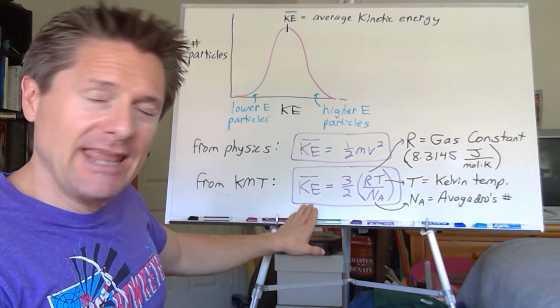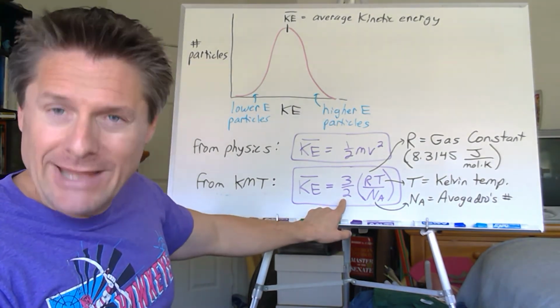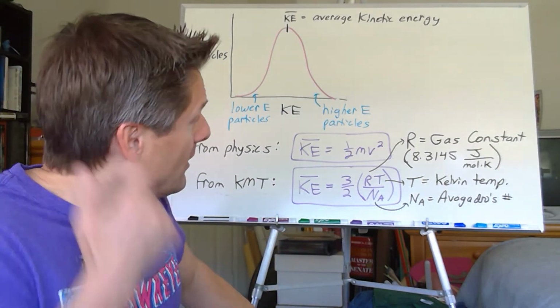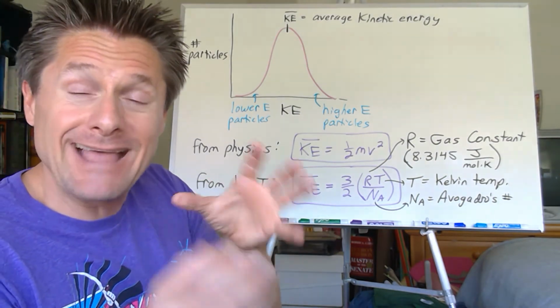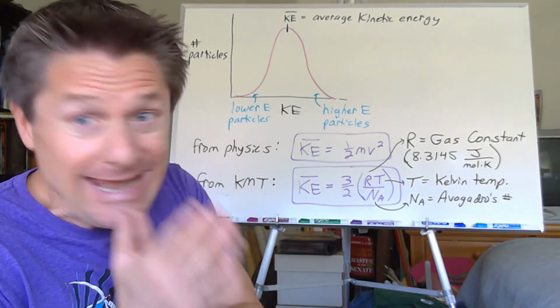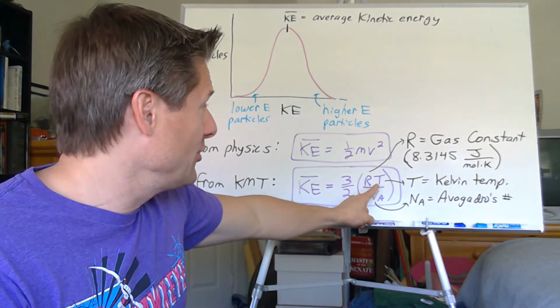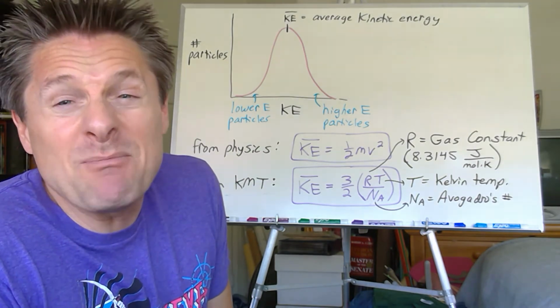But the average kinetic energy from a kinetic molecular theory point of view is 3/2 times RT over N sub A. What does that mean? Well, we're familiar with temperature, but that has to be the Kelvin temperature because that's the absolute temperature scale. It can't be negative. What if you're using the Celsius or Fahrenheit scale? You could have negative values and you'd have a negative kinetic energy. What does that mean?